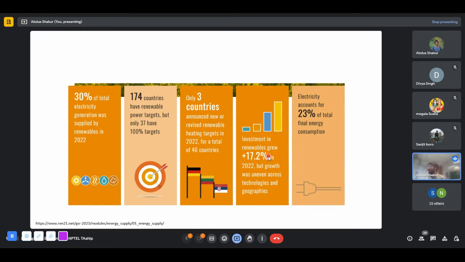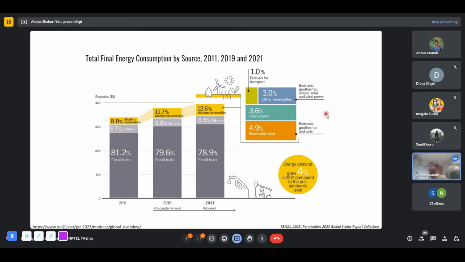And there has been considerable investment in renewable energy and the technologies, and that's how the advancements have been going on. And 23% of the total final consumption of this renewable energy is consumed as electricity.